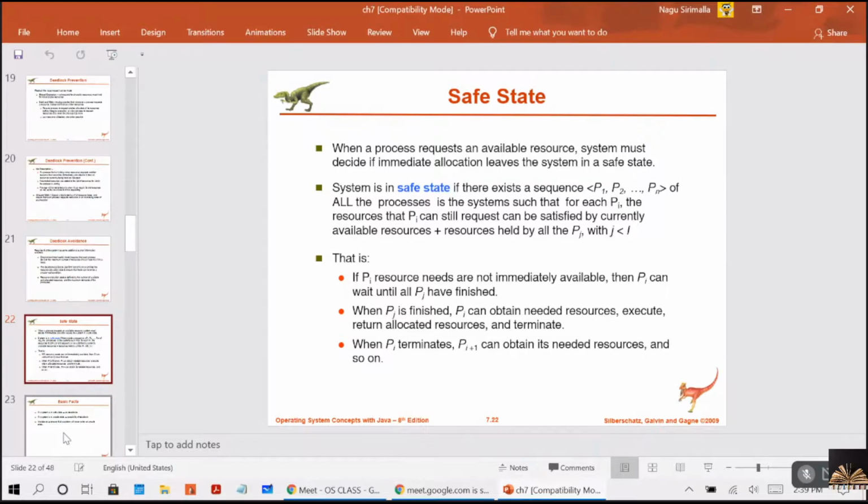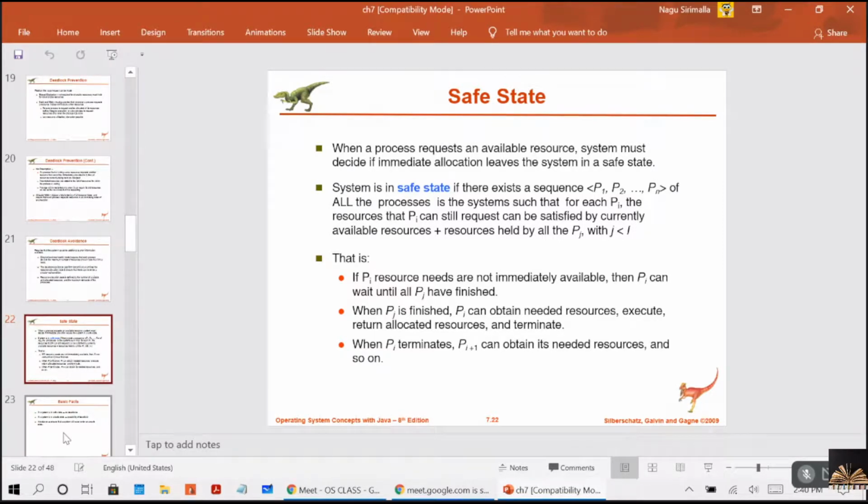A resource allocation state is defined by the number of available resources, allocated resources, and the maximum demand of the processes.